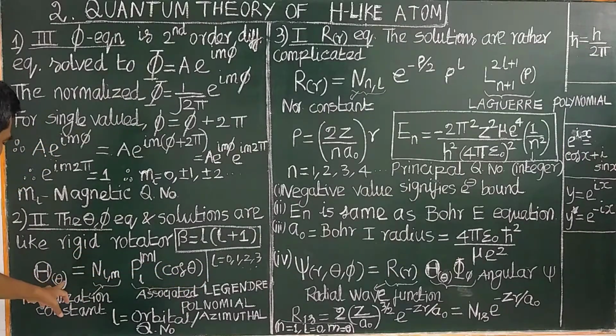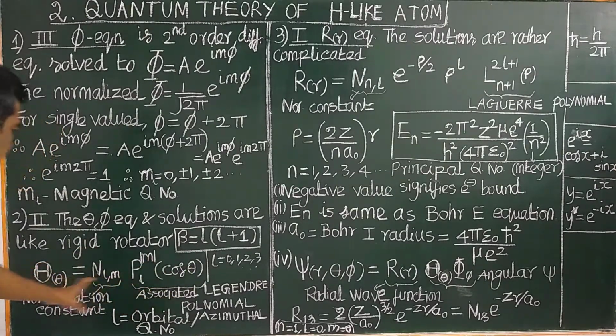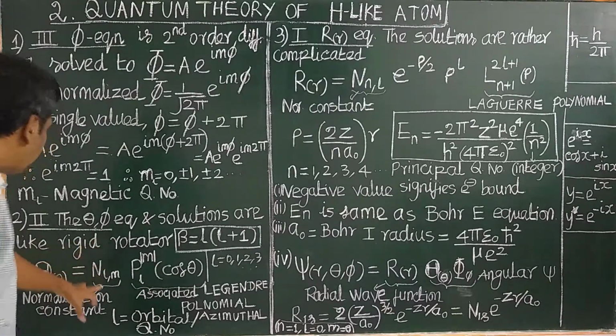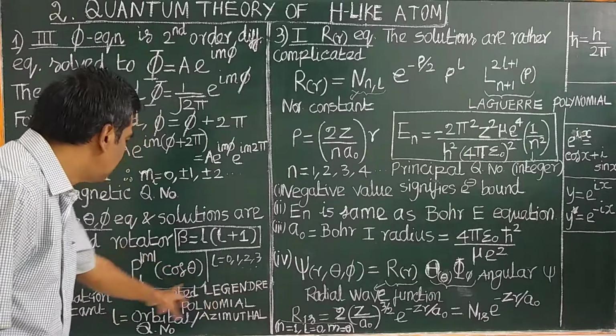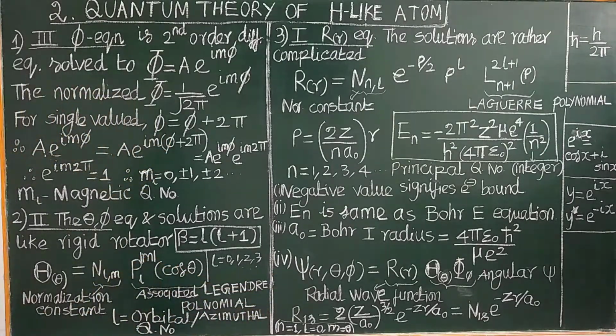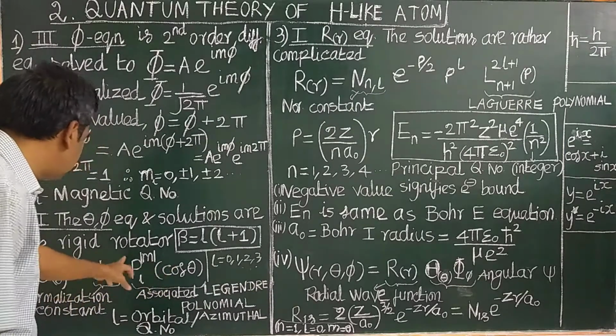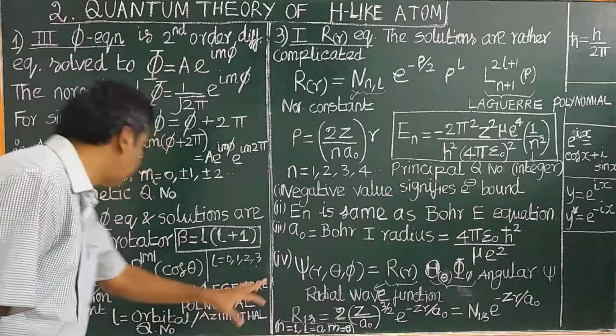Theta is a function of theta, N_L^m P_L^|m|(cos theta). The theta wave function is expressed in the form of associated Legendre polynomials, so the wave function is solved by using Legendre polynomials.